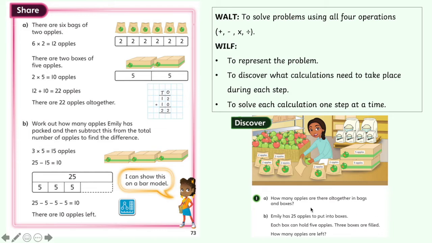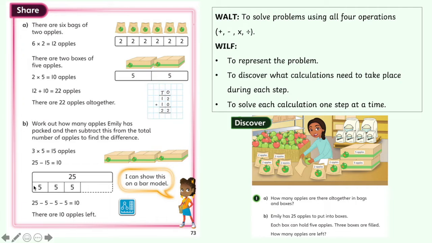Part B. We know that Emily has 25 apples. We know that each box can hold 5 and that 3 of them are filled. And we're trying to work out how many apples are left. Now take a look at how we've represented that problem, because that's 4 sentences of information and it can sometimes be a bit difficult to keep it all in your head. So representing it can be a really helpful way to help you think about what's going on.